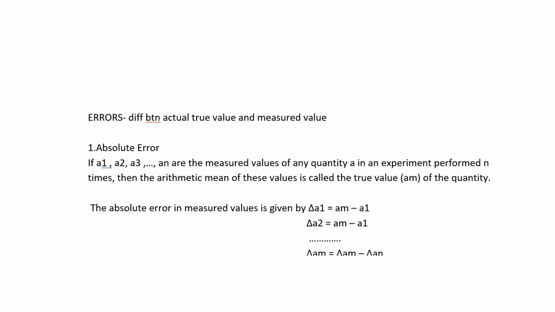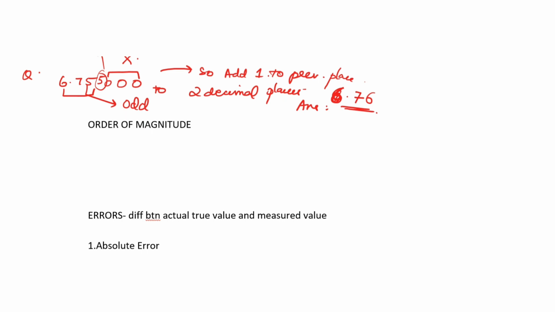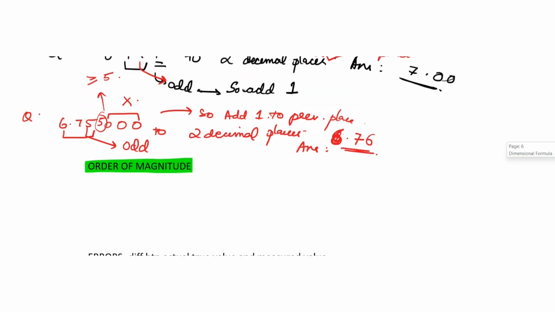Now we are moving on to the next topic, which is order of magnitude. With order of magnitude, we can find out how big or small the quantity is. For large distances, we usually say, for example, the age of the universe as 10 power 17 seconds.